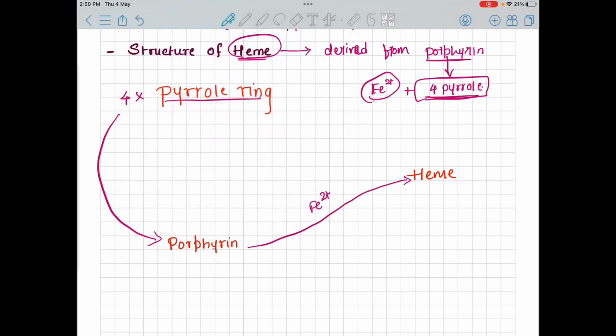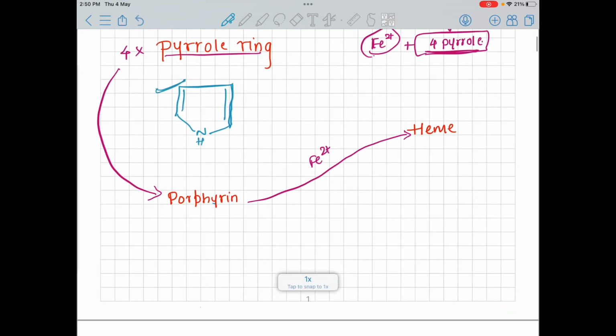The pyrrole ring basically consists of a nitrogen group over here, an NH group, and there is presence of a double bond on both sides. So this is the structure of the pyrrole ring. Now, how is porphyrin present?